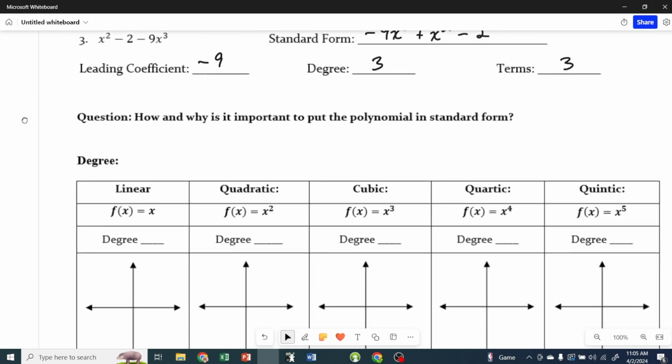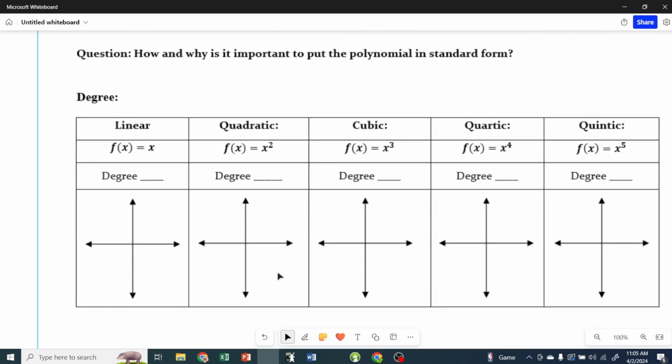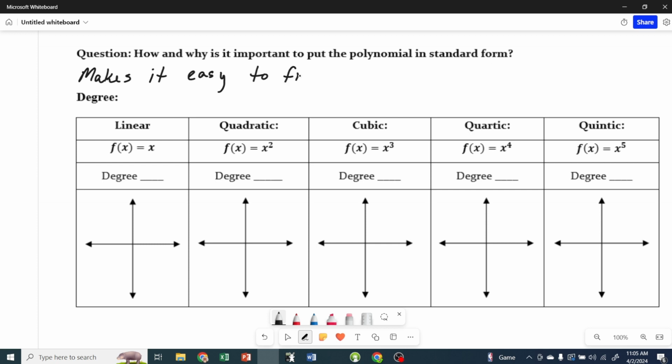So, how and why is it important to put the polynomial in standard form? Well, if we think about this, it makes it really easy to find the lead coefficient and degree.